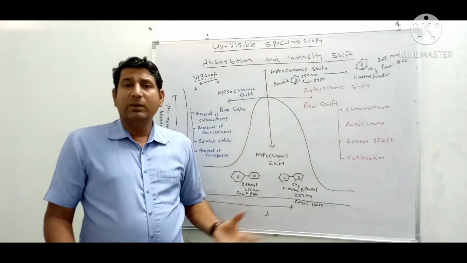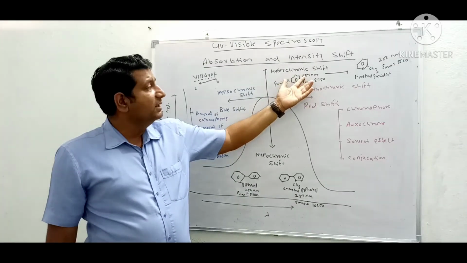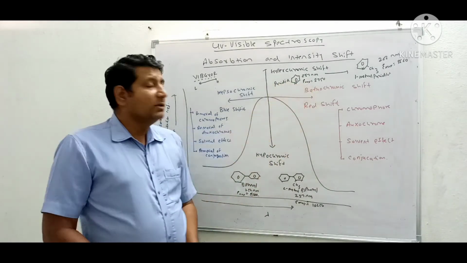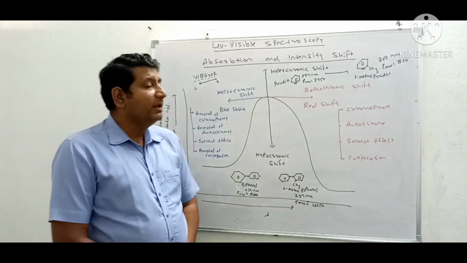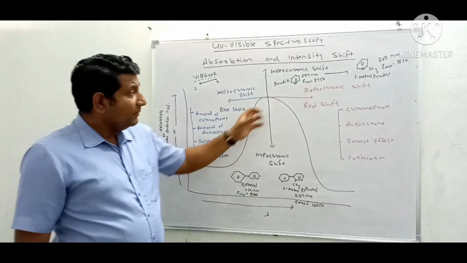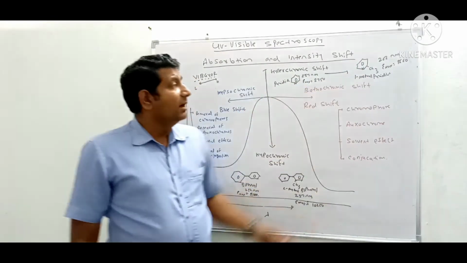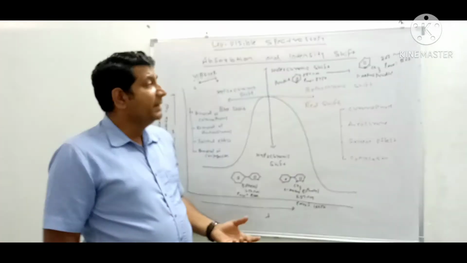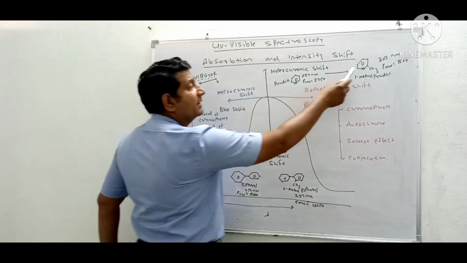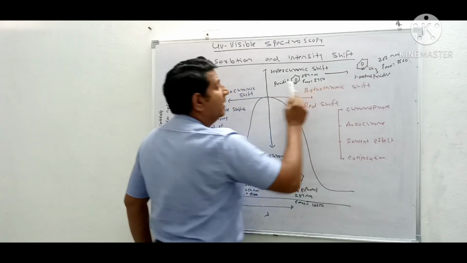What are the causes of hyperchromic shift? We can take a very good example, pyridine, which has a lambda max of 257 nanometer and a value of epsilon of 2750. Now, when we cause methylation and add a methyl group to the pyridine moiety, it will form 1-methylpyridine, and the lambda max of 1-methylpyridine is 262 nanometer, which is 5 more than pyridine.